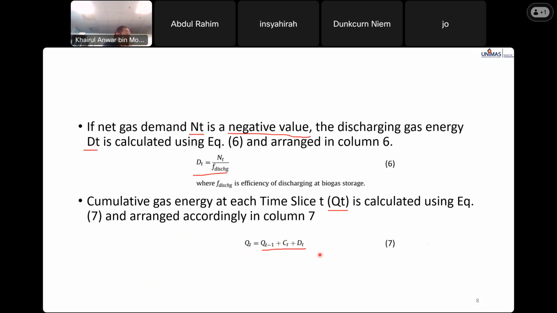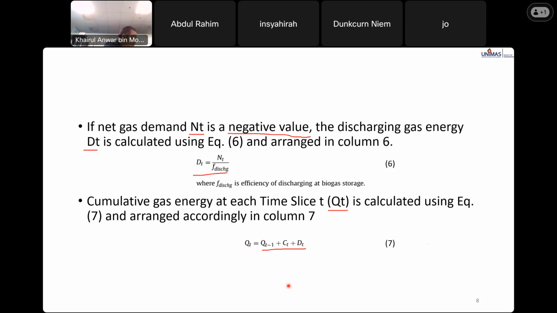So refer to table 5 in your paper. For time slice 1, the Qt is 2766.63. So the second one is the cumulative, meaning 2766.63 plus the charging energy of time slice 2, then you get 6059.94. 6059.94 is for time slice 2.